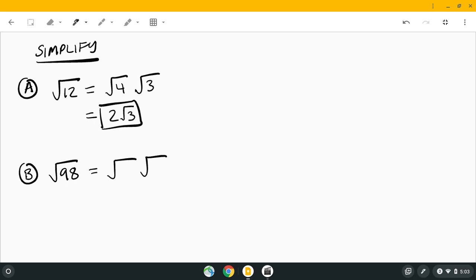So can anybody think of a perfect square that we can break this up with? 49 times 2, right? 49 times 2. Okay. And here we can simplify the square root of 49, which is 7. And then the square root 2 comes down.